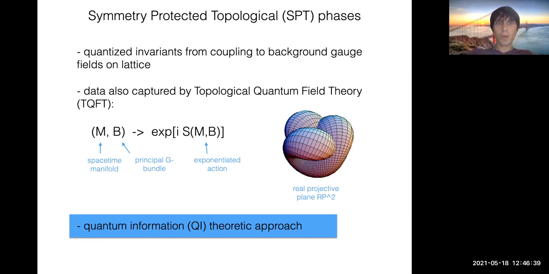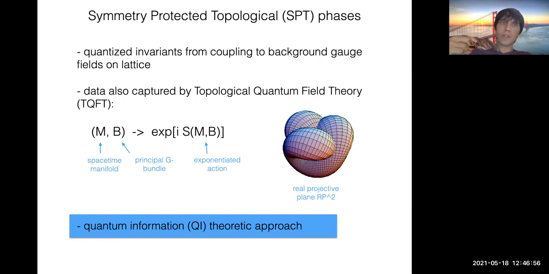There are various ways to extract quantized invariants which differentiate between these different phases. So let me describe a few of them, and then let me talk about this quantum information theoretic approach, which I think is really nice for probing them.